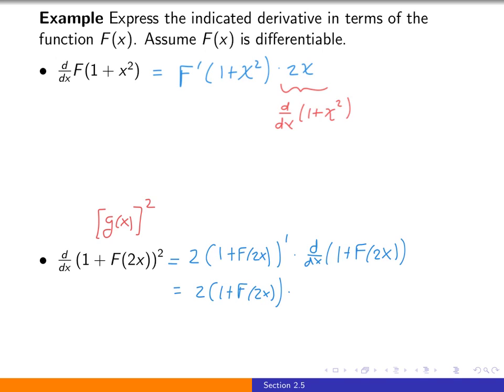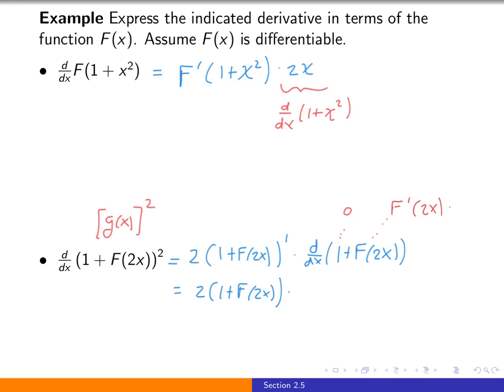And when we differentiate this inside function, we say, okay, the derivative of 1 is 0, and the derivative of big F of 2x. Well, big F of 2x, that's very similar to big F of some function that we've differentiated above. So by the chain rule, its derivative would be what? The derivative of the outside, evaluated at the inside, times the derivative of the inside.